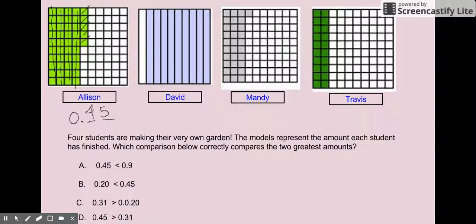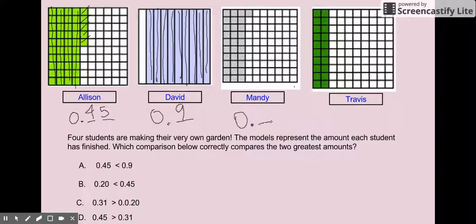Next, it's very important you pay attention, this is divided into tenths. I see that there are 1, 2, 3, 4, 5, 6, 7, 8, 9 tenths that have been shaded. Next one is now hundredths.